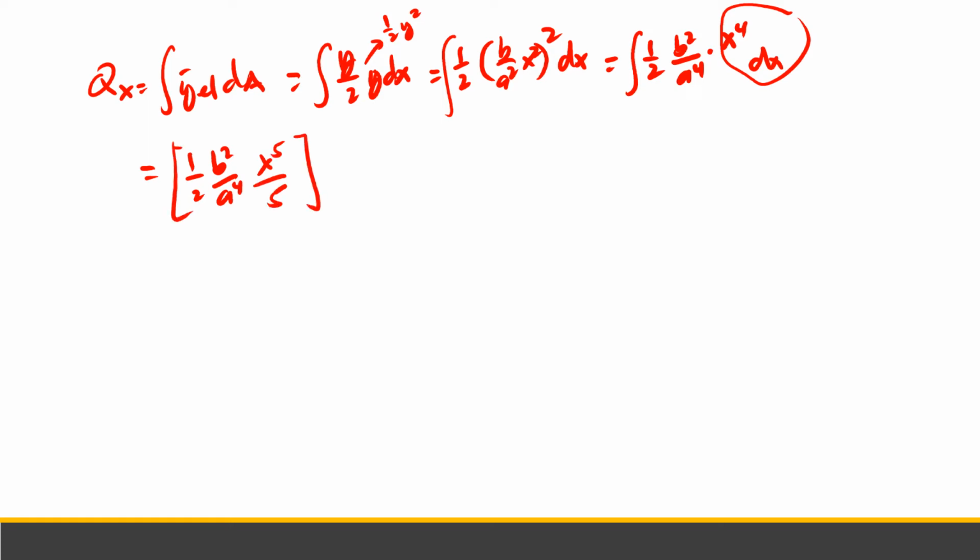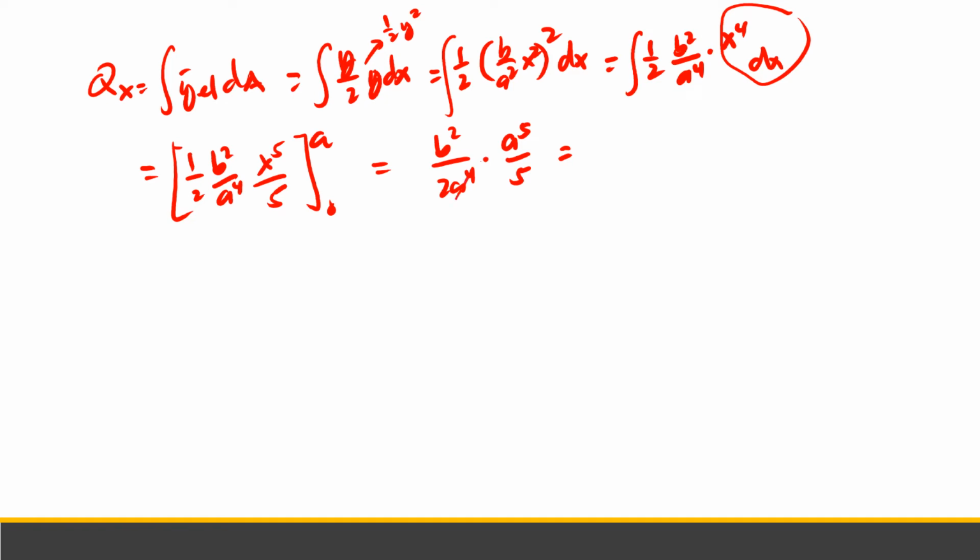So we'll evaluate this from 0 to a. So answer na natin is magiging b squared over 2a^4 times a to the 5 over 5. So this is equals to a^5 b squared over, okay, simplify na lang natin.